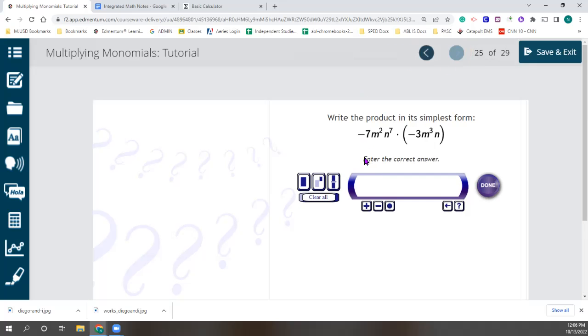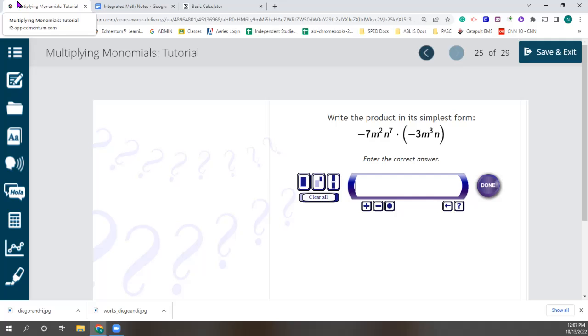Write the product in its simplest form. Okay, time to flip over the paper because I've been using a lot of scratch paper. Write it down. -7 m squared n to the 7th multiplied by -3 m cubed n.